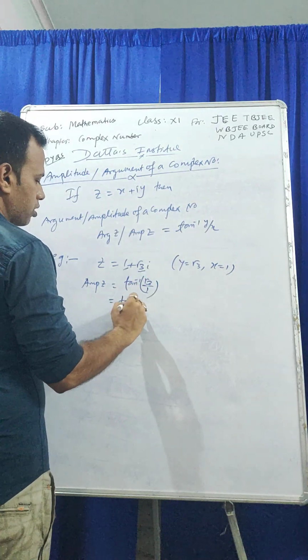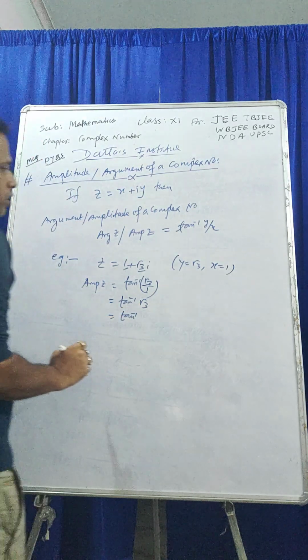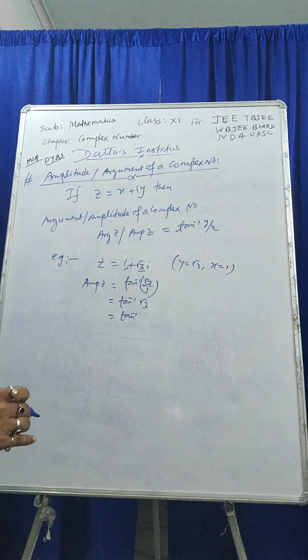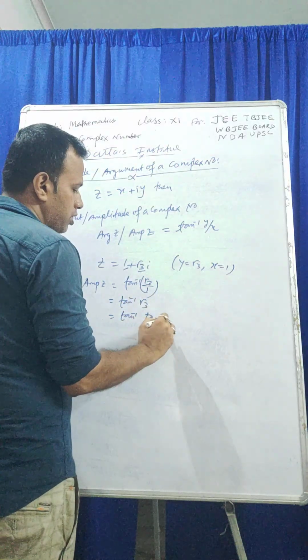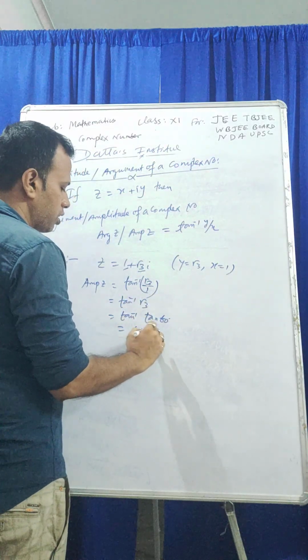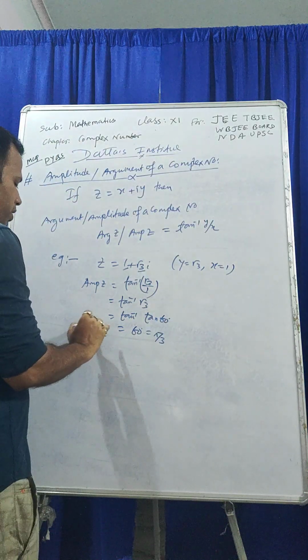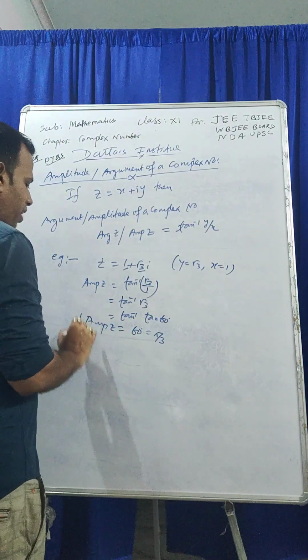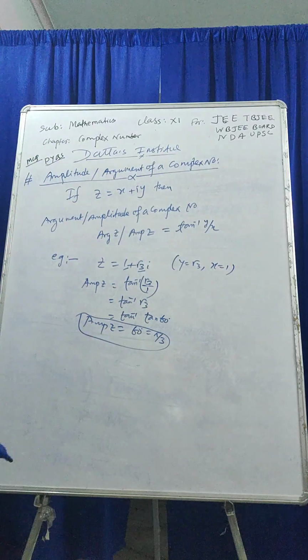Now tan inverse root 3. What angle has a tan value of root 3? It is tan 60 degrees. So it will be 60 degrees or pi by 3. So the amplitude of Z will be pi by 3. Okay, fine.